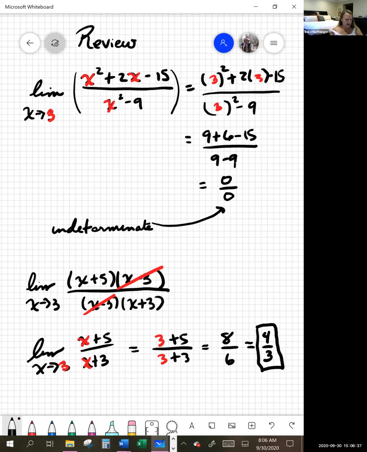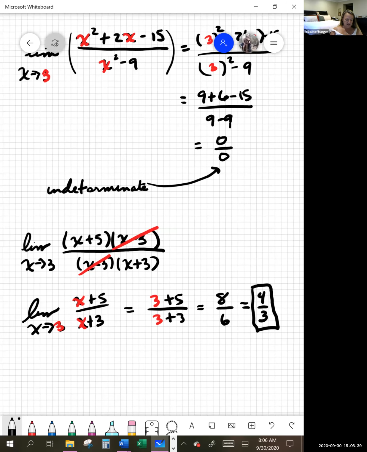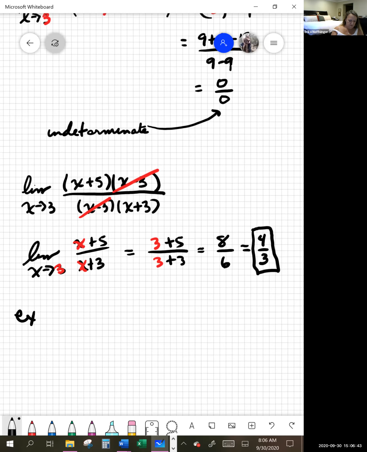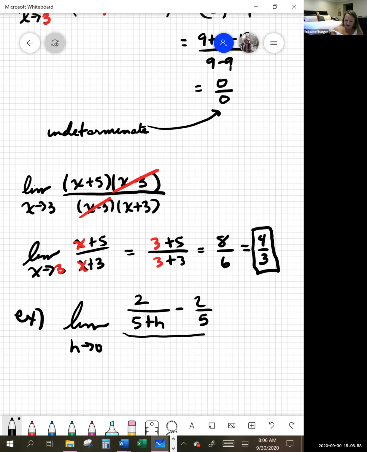Not too bad, hopefully. So if you have the limit as h approaches 0 of 2 over 5 plus h minus 2 over 5, all over h.